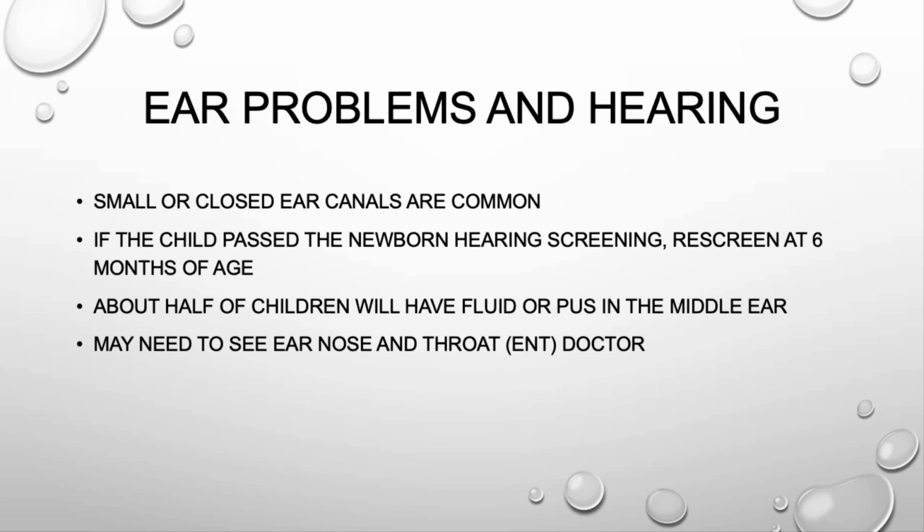About 50% of children with Down syndrome may have fluid inside the ear, and if that is persistent, it may cause issues related to hearing, and that will interfere with speech development. In that case, your child may need pressure equalization tubes, or PE tubes. For that you need to see an ear, nose and throat specialist, or what we call an ENT doctor.